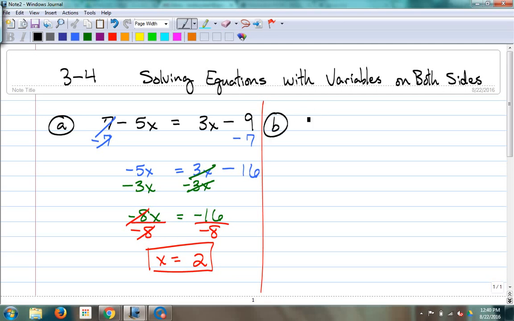Look at example B. 6x minus 11 is equal to 2x plus 9. Very similar problem. If we add 11 to both sides, that's going to cancel out on that side and give us 6x equals 2x plus 20.